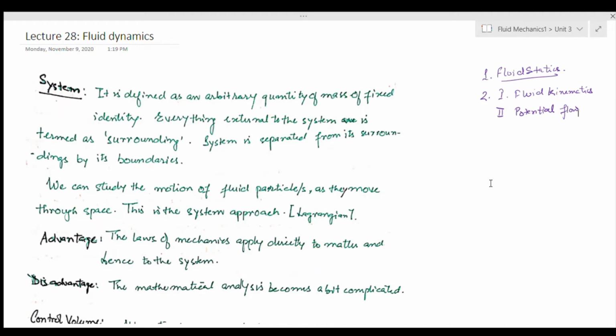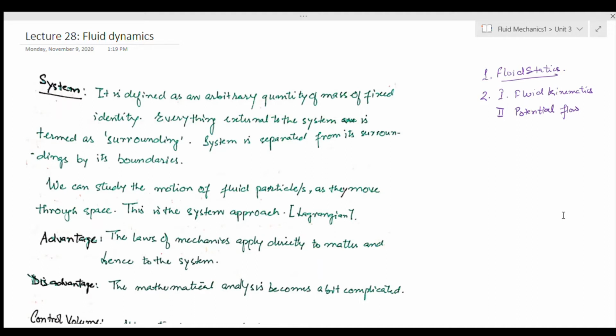One of them was changing with respect to time, the other was changing with respect to space, and based on that we came up with many ideas, like if my flow is steady or unsteady, if my flow is uniform or non-uniform. So these were the kind of things which we covered in part 1 of fluid kinematics.